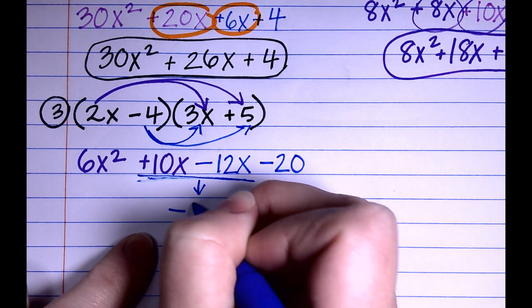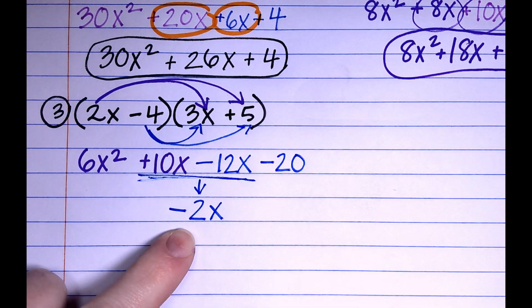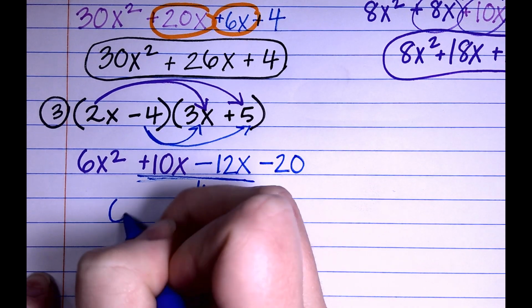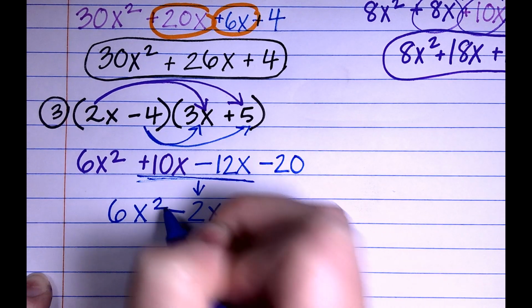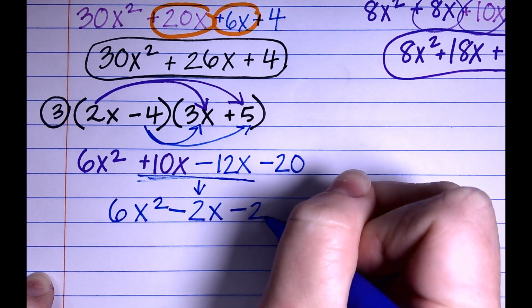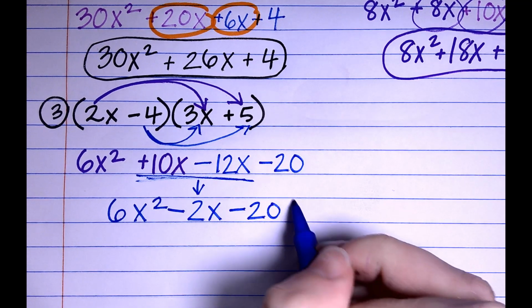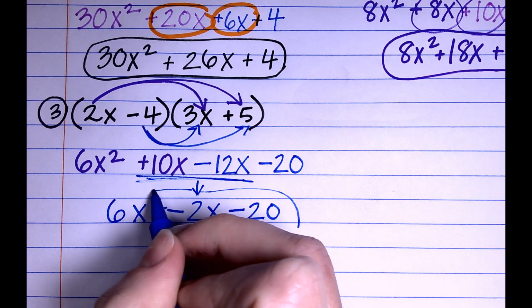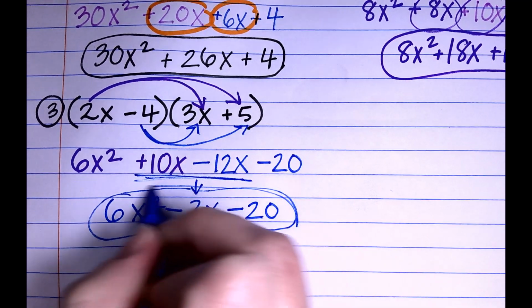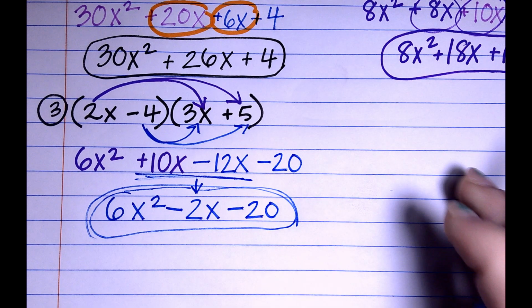Good. So negative 2x is my new middle term. I will bring everything else down. 6x squared minus 2x minus 20. How did we do on that one? The negatives are tricky. It really messes us up sometimes.